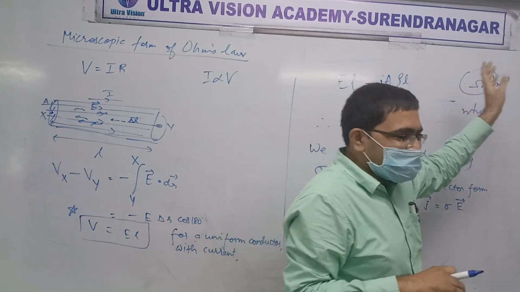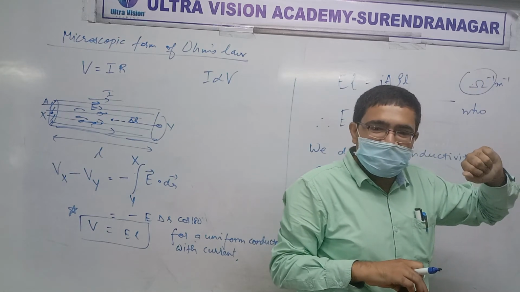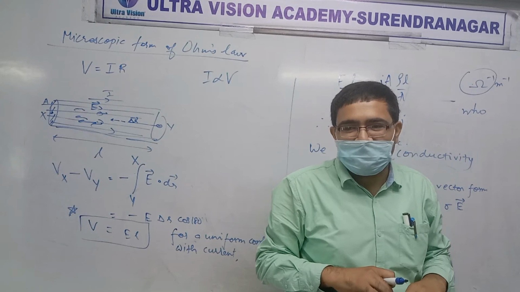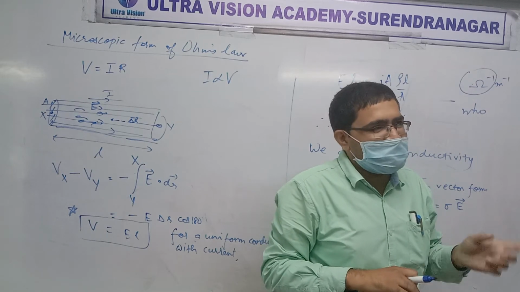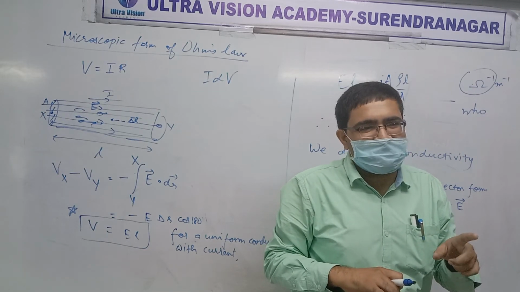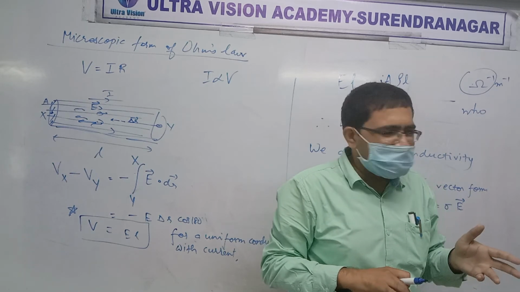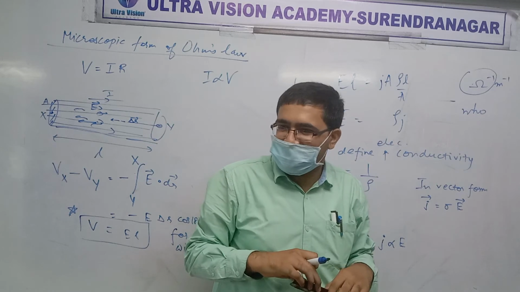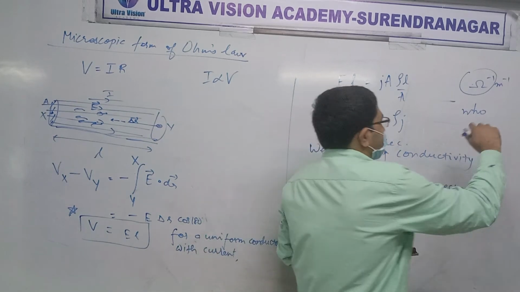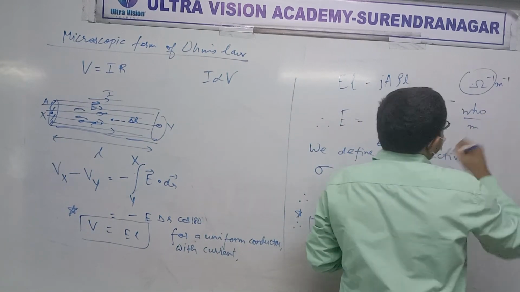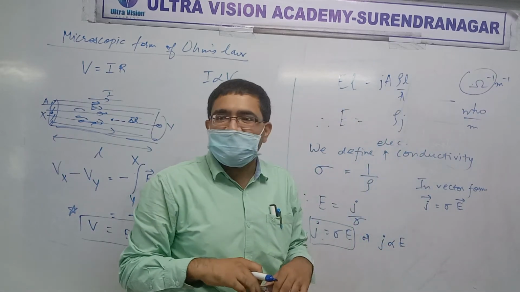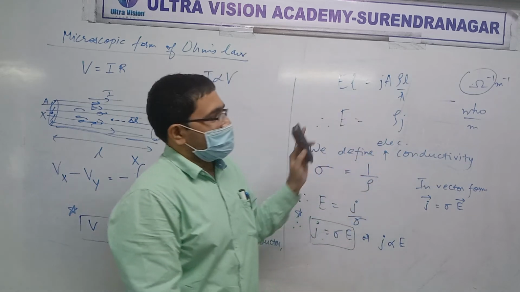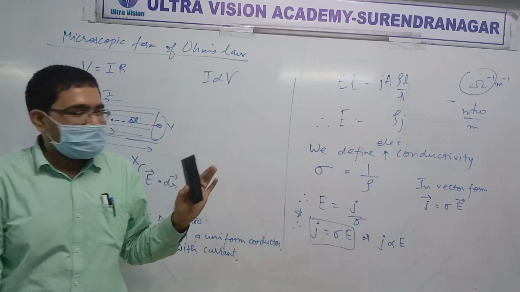Have you heard the name Siemens? It's the name of a company that makes big electrical instruments. Nevertheless, so this is mho per meter. Fine. So that's the unit of conductivity.